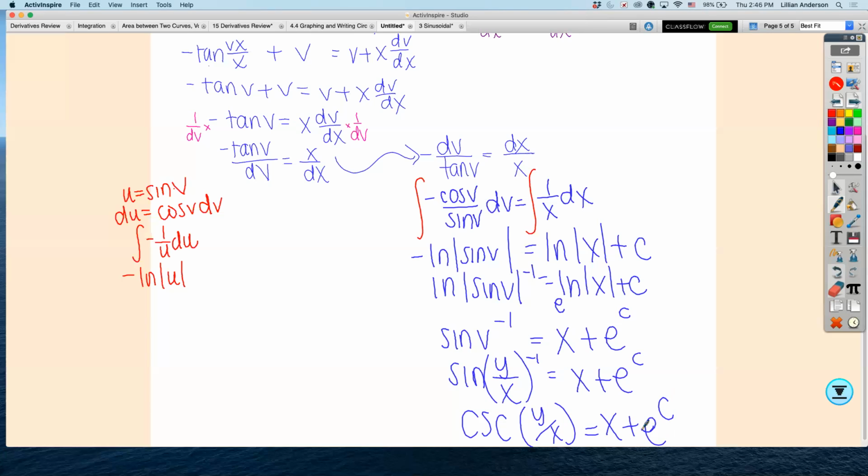A little easier, but this doesn't matter, I don't think. So then we'll have cosecant y over x minus x equals e to the c. I did the e of both sides back here. I just didn't show it. Oh, we just move that up.